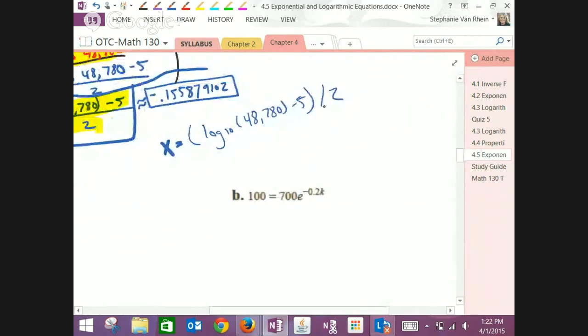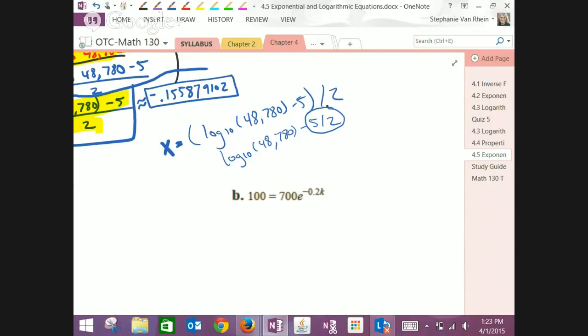This is something different than log base 10 48,780 minus 5 over 2. Because if you do it this way, it's only subtracting 5 over 2 versus subtracting 5, then dividing by 2. Did you get it? Yeah, so just be really careful the way you plug things in your calculator.